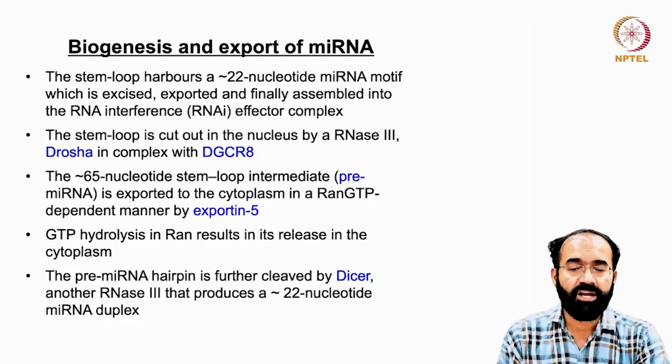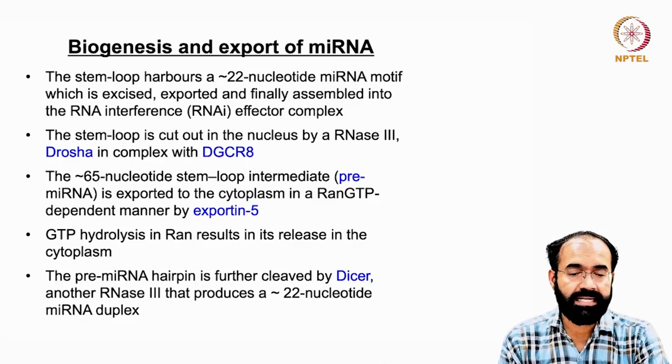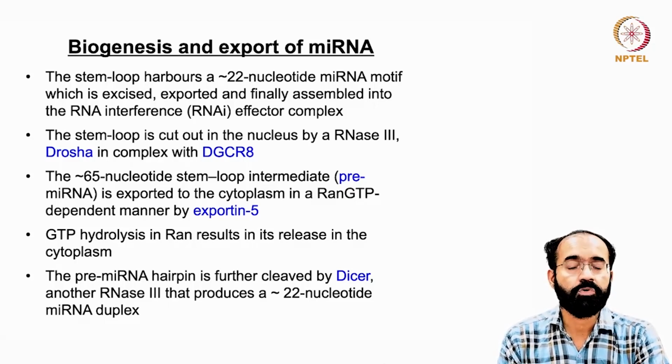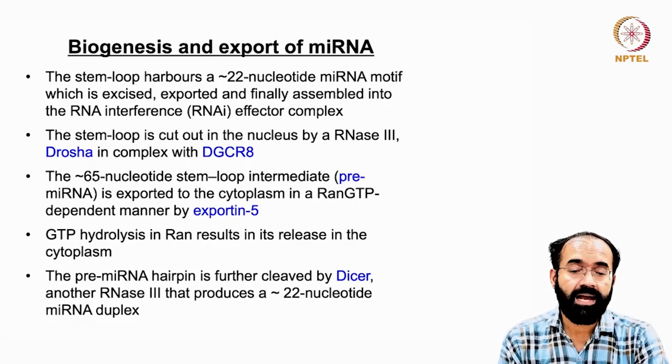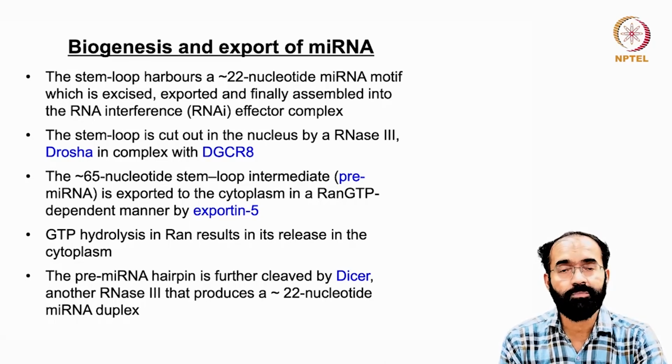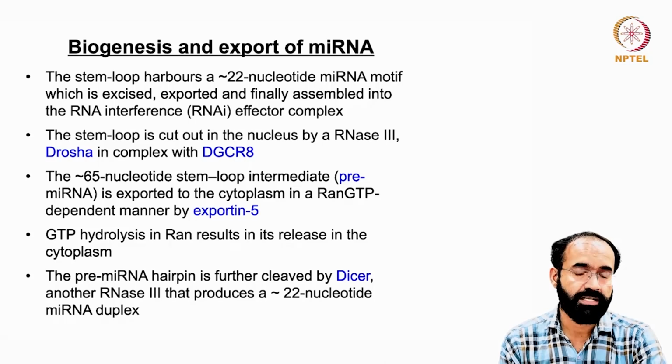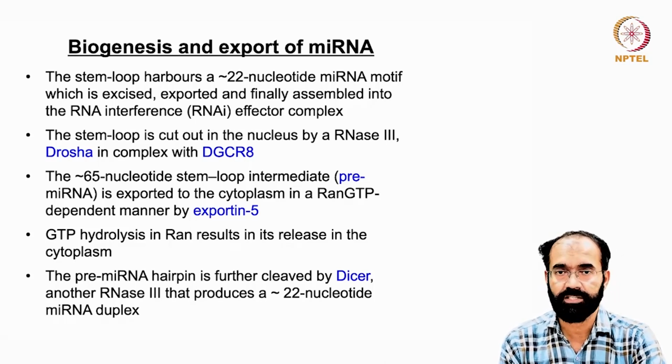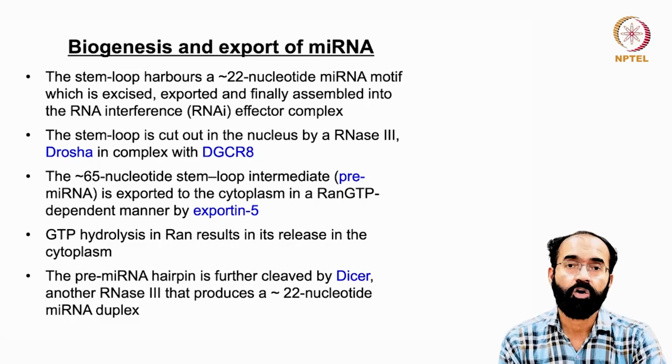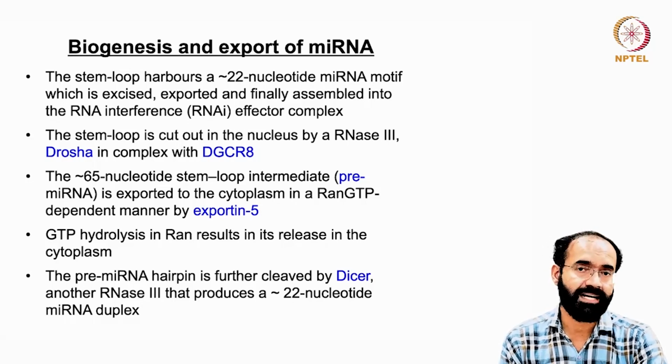So let us see the biogenesis and export of microRNA in detail. The stem loop structure, when it is formed, harbors a 22 nucleotide microRNA motif. Remember, the stem loop structure of the microRNA can be around 150-160 nucleotides. Somewhere in this 150-160 nucleotides you have complementary sequences, meaning both strands are pairing with each other.